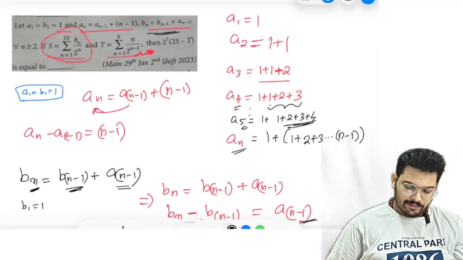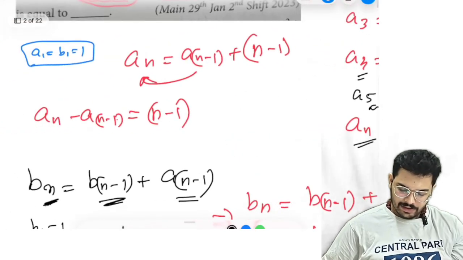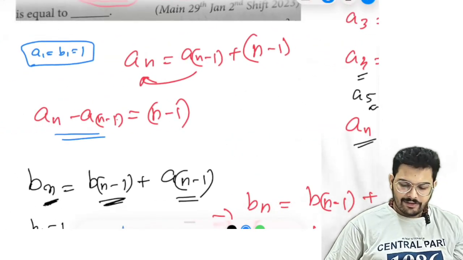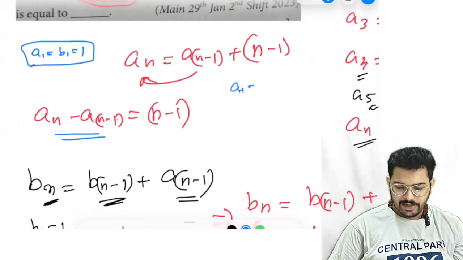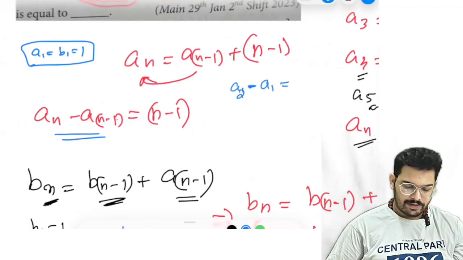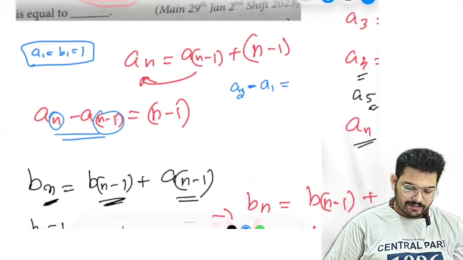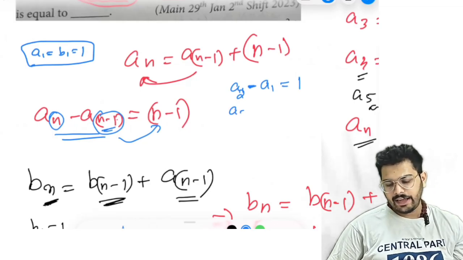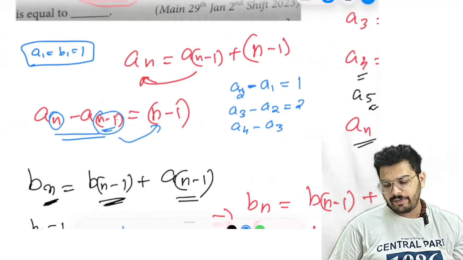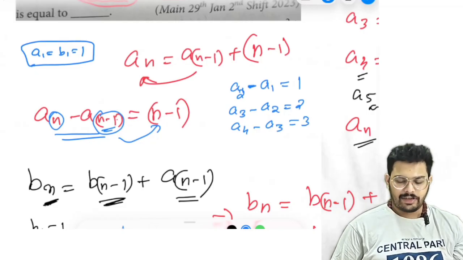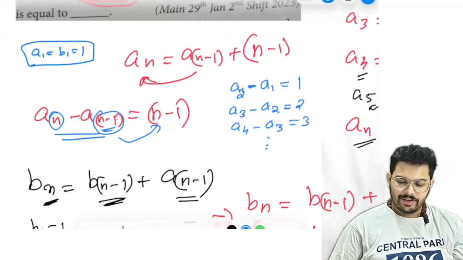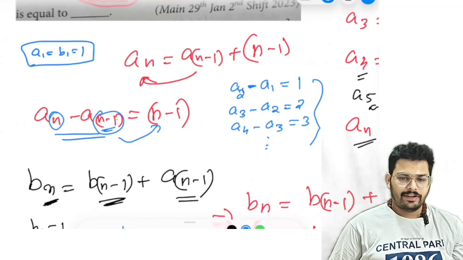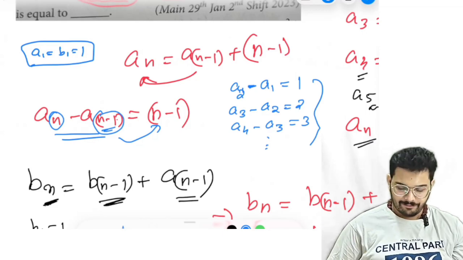Therefore, if you use that property, a2 minus a1 will be equal to n minus 1, so this n minus 1 will be there. Similarly, a3 minus a2 will be equal to 2, a4 minus a3 will be equal to n minus 1, which is equal to 3. From this logic, we have a number over here if you take the difference of each consecutive a.